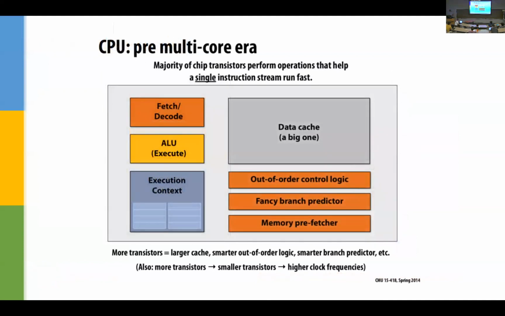Now, in the CPU, in the pre-multi-core era, so this is the Doom and the Wolfenstein and stuff. And we saw this with the Intel chips as well, right? So you have fetch, ALU, and execute. So if we draw a box around these, that's essentially your core.